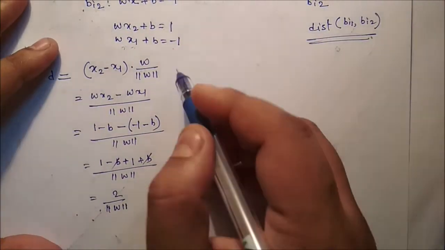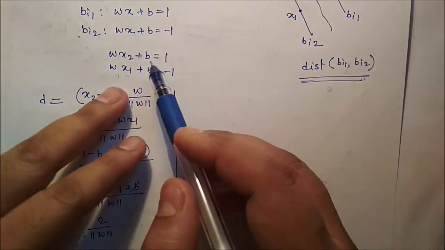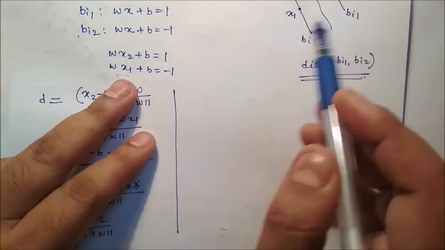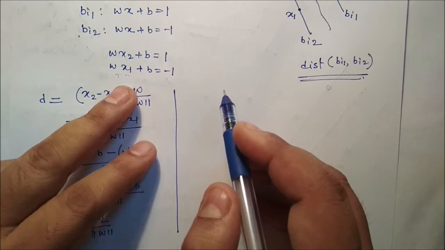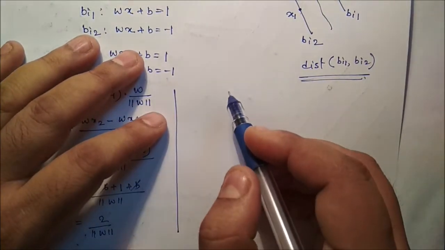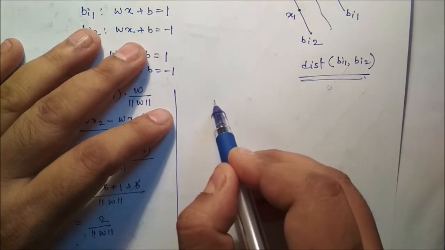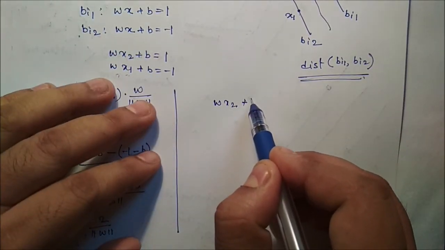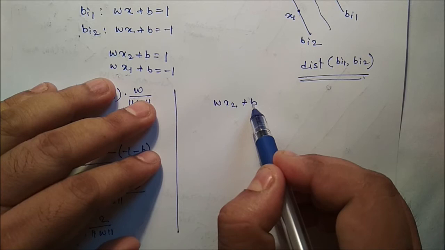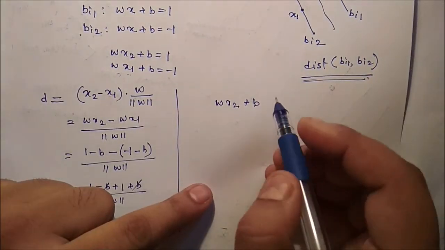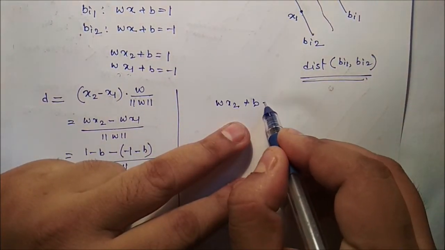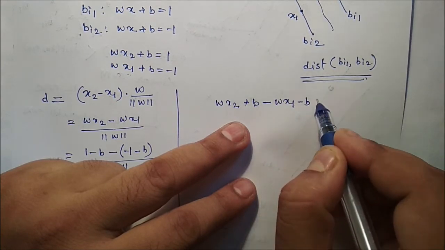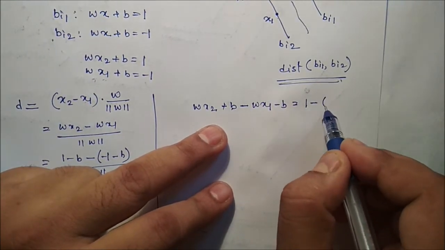Or we can explain it this way. Now subtraction: the difference between wx2 plus b minus wx1 minus b, because these two data points are there. So we can write wx2 plus b minus wx1 minus b is equal to 1 minus 1 minus (-1).